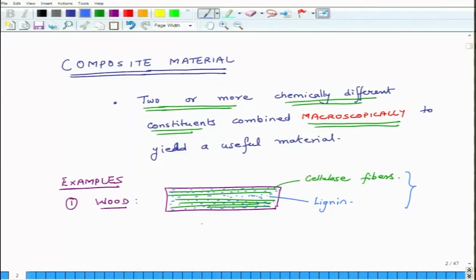This is a natural composite, and because it has fibers, we can call it a fibrous composite. But it is not needed that all composites should be mixtures of fiber and some matrix. Okay. So, let us look at another example.